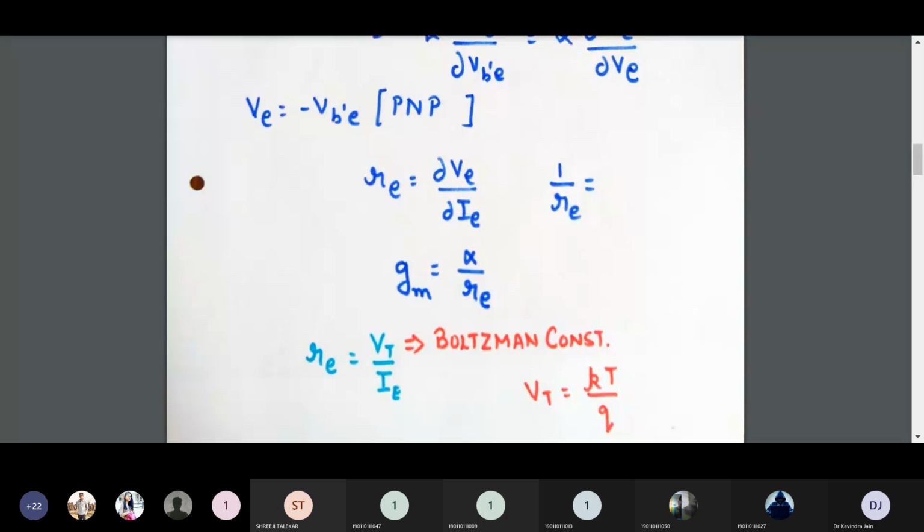Anyone has any idea what is the value of Boltzmann constant K, or the value of VT? Sir, 1.38 into 10 to the power minus 23. Yes, correct. The value of K is 1.38 into 10 to the power of minus 23 joules per degree Kelvin.